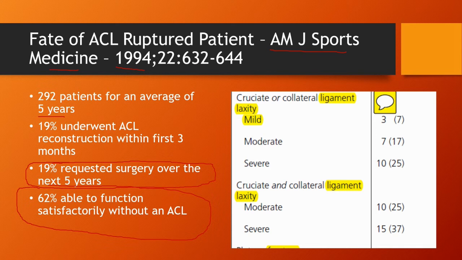And this may come as a surprise to you that more than half of the patients in this study were able to resume their normal sporting and daily living activities without the passive restraint provided for by an intact anterior cruciate ligament.